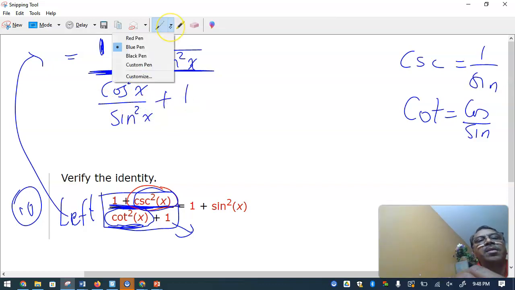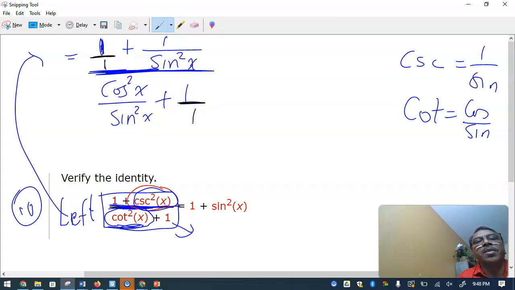Okay, now you need to do some work here. If you have a 1 here, and there is a sine square right here, so take this 1 and write it as 1, and multiply and divide by sine square of x, so that they have the same denominator, this one and this one.